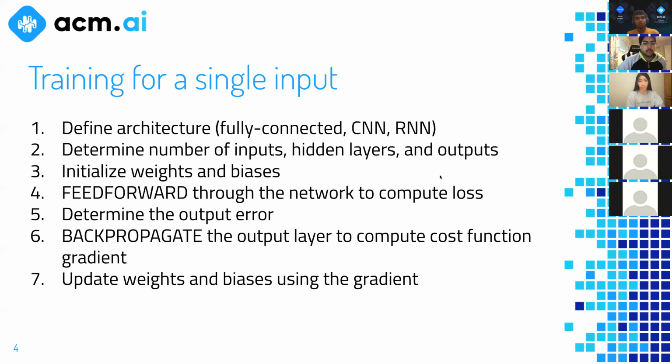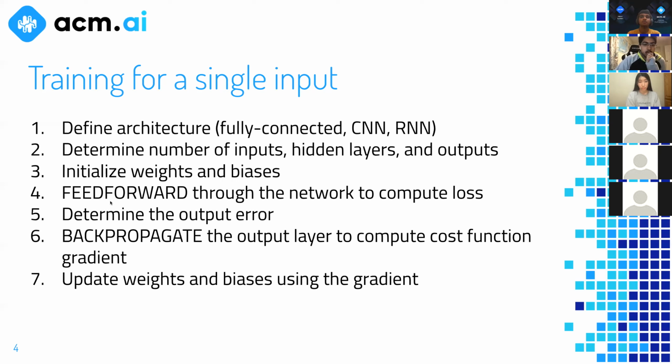Inputs are what we pass in, hidden layers are the layers in between that do calculations based on weights and biases, and outputs are what we want in the end. Third, we initialize weights and biases. We set them according to either a random or some other initialization process. These initial weights and biases aren't very good, but we're going to make our model better through the training process.